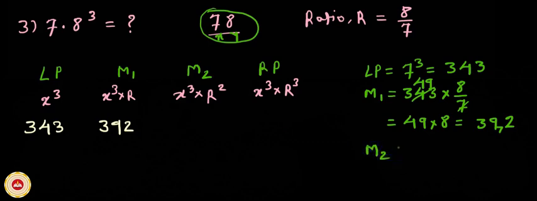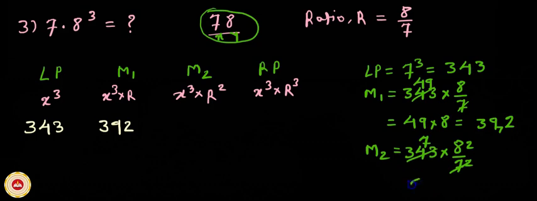What is middle part 2? Middle part 2 is x cube multiplied by r squared. X cube is 343 multiplied by r squared, that is 8 squared upon 7 squared. 7 squared is 49, so it will cancel. 7. 8 squared is 64.